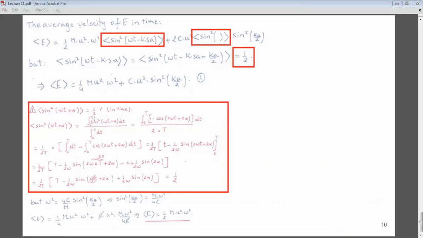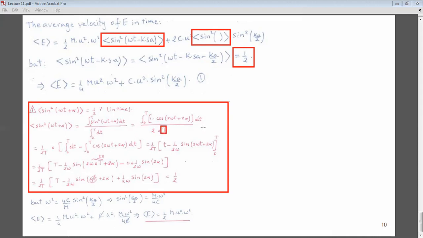You do the average: the integral from 0 to one period T of sine square omega t plus alpha dt, divided by the integral from 0 to T of dt. Now, what is sine square of something? This is the function that I said we will use again. It is 1 minus cosine of 2 omega t plus 2 alpha, divided by 2. And down I have the integral from 0 to T of dt, which is T.